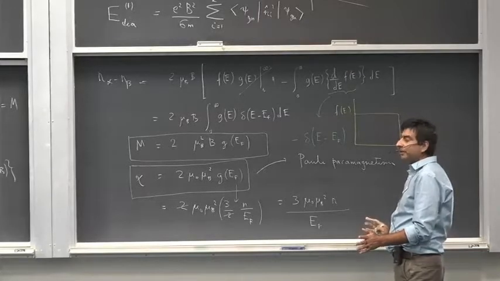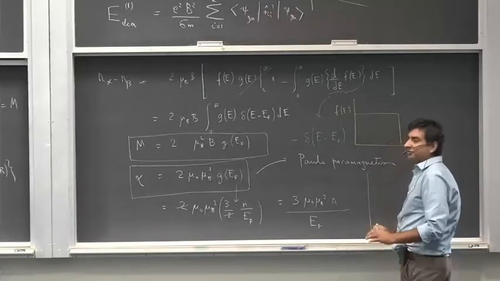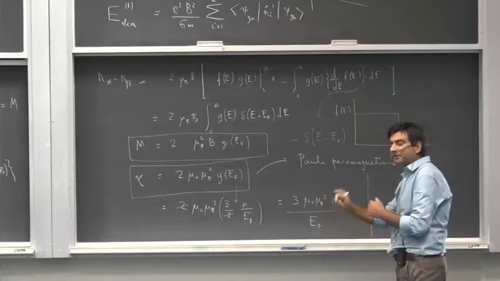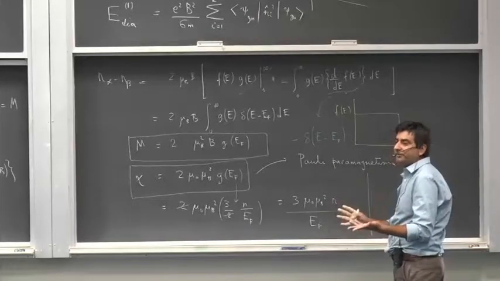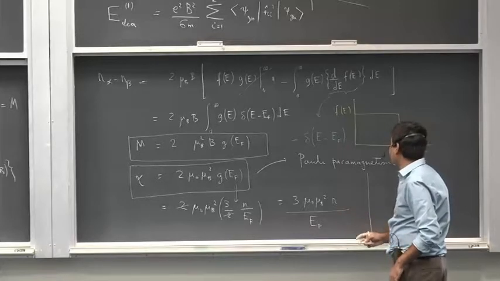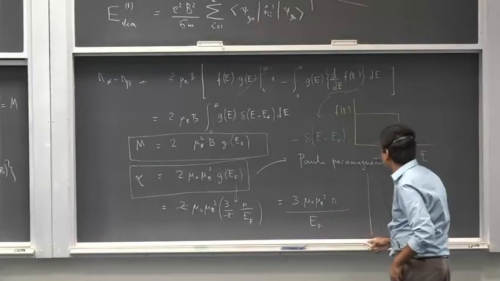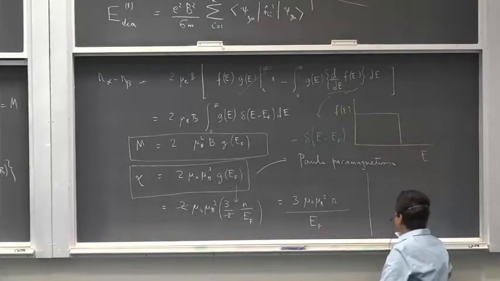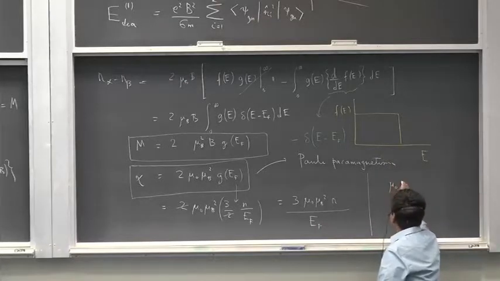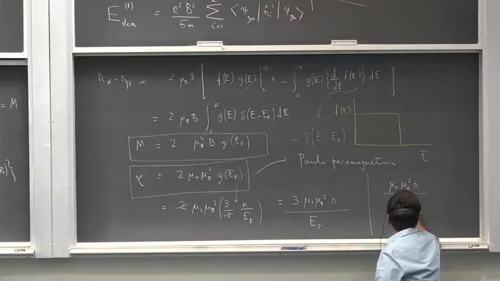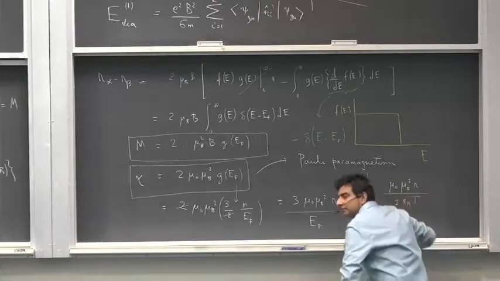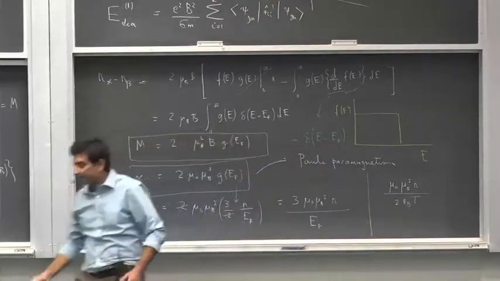For bound electrons, normal paramagnetism, isolated spin half particles, we know that the susceptibility in Curie's law is given by mu naught mu B square n over, I think, 2 k B T. This is something we've derived previously.